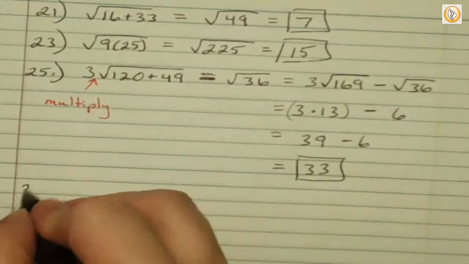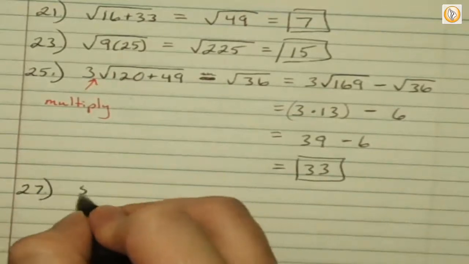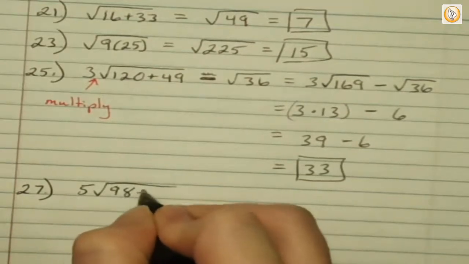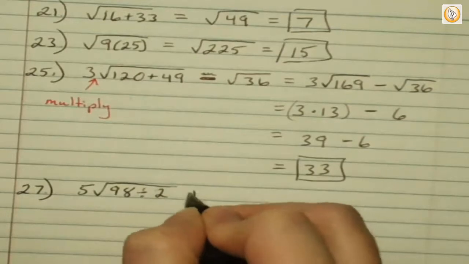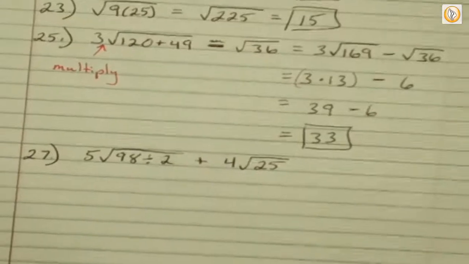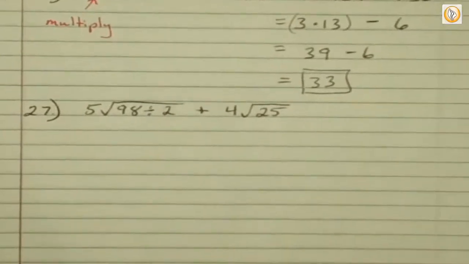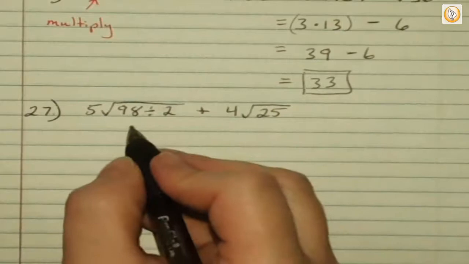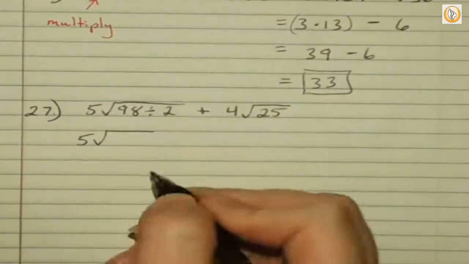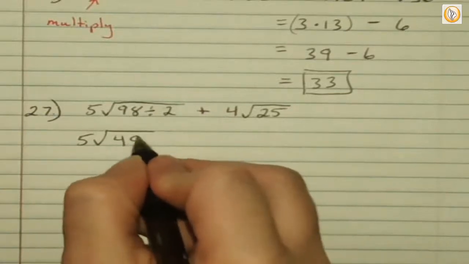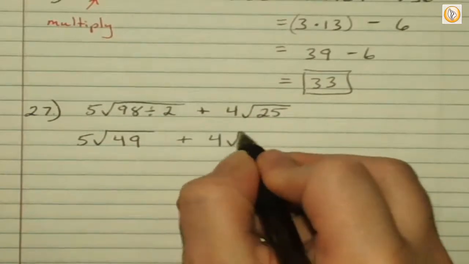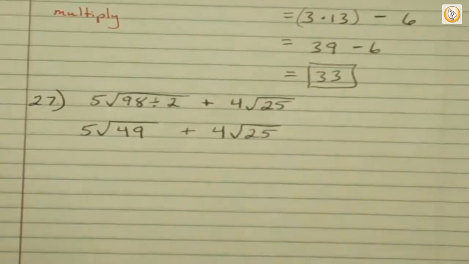Let's do another. 5 times the square root of 98 divided by 2 plus 4 times the square root of 25. All right, Taylor, what is 98 divided by 2? 49. Very good. Plus, and I'm just going to rewrite my problem now. I want to do one step at a time.